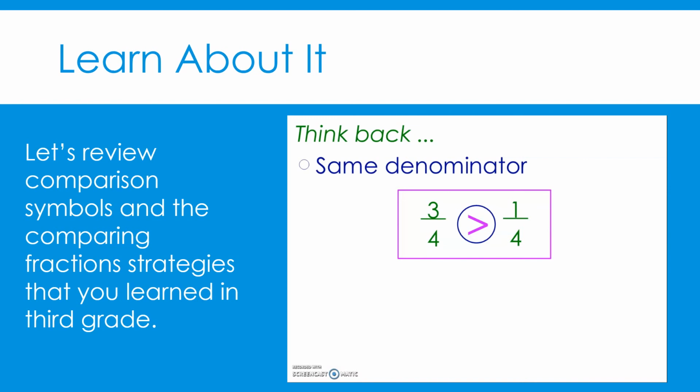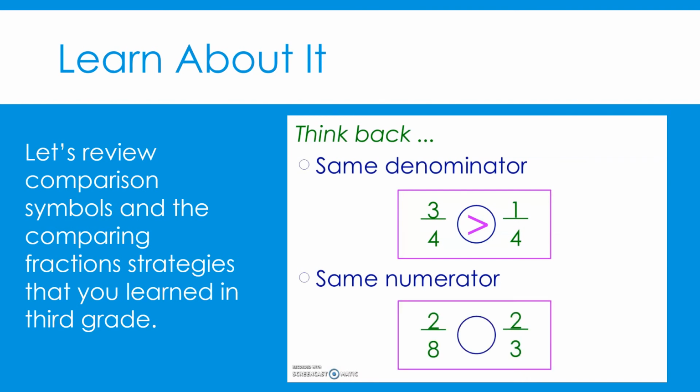In 3rd grade, you also learned how to compare fractions that have the same numerator but different denominators, such as 2/8 and 2/3. Since they both have a numerator of 2, we are counting 2 parts in each fraction. However, since these fractions have different denominators and the denominator tells us the size of each part, these fractions have different sized parts.